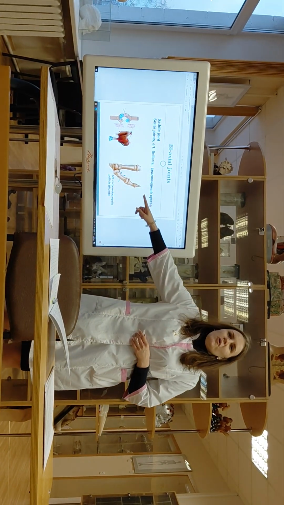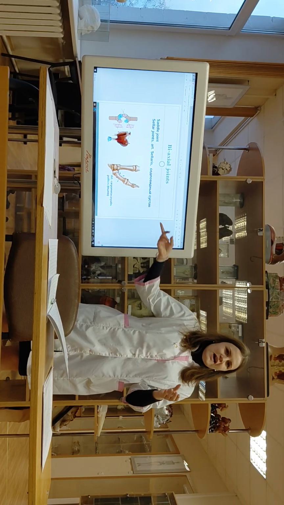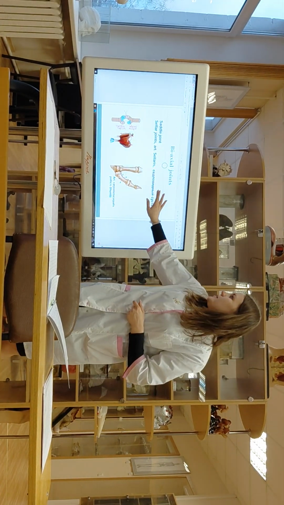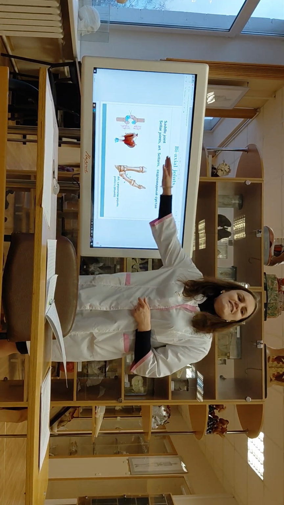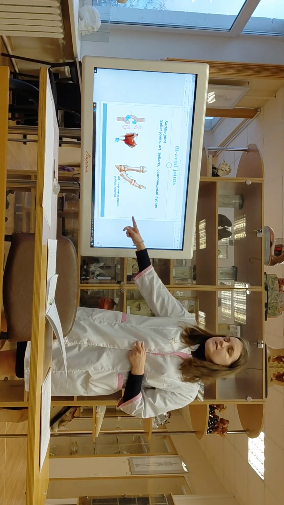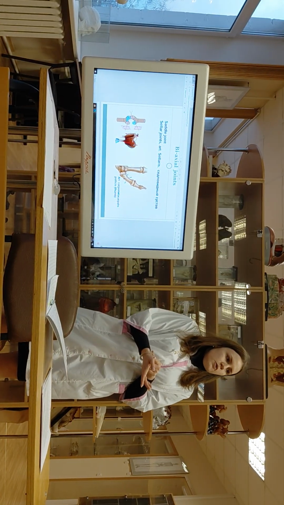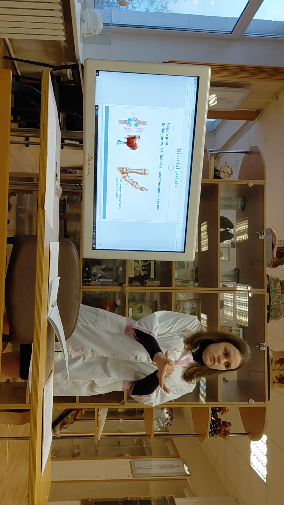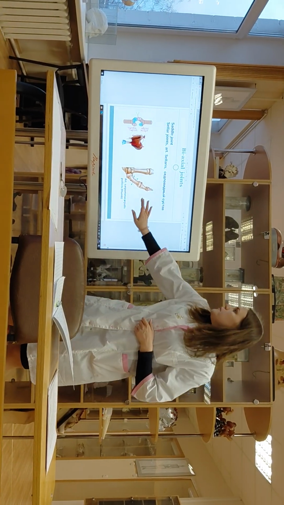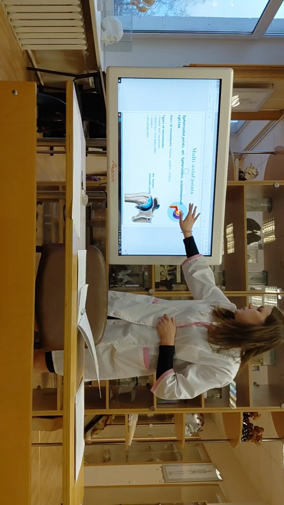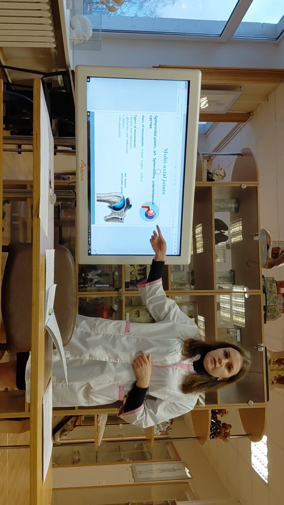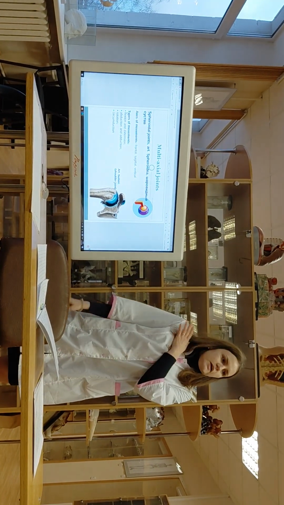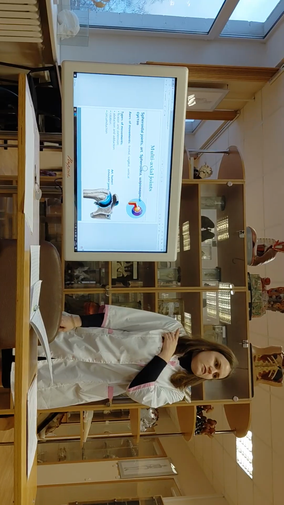Think of when you put a saddle on a horse. It looks like a saddle, so it's called a sellar joint. For example, the joint of the first finger, the carpo-metacarpal pollicis joint, biaxial.